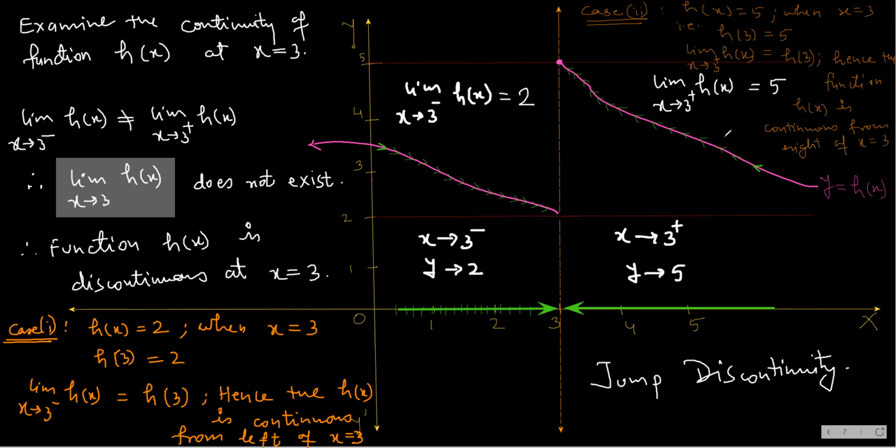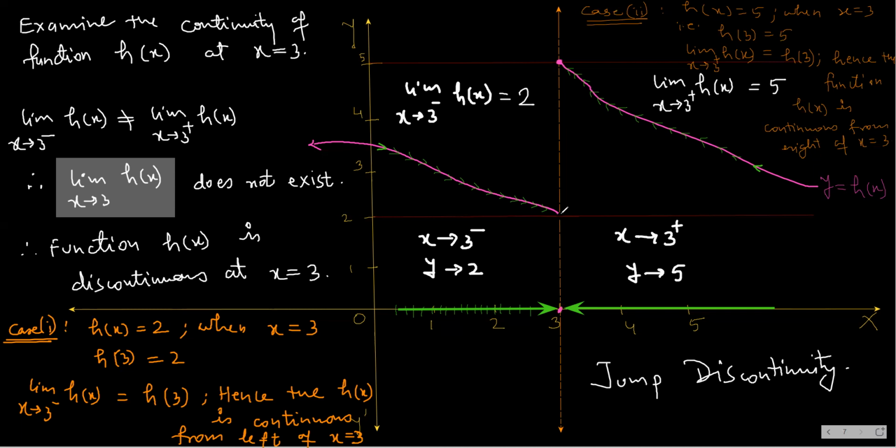Remember students, both the cases cannot happen in one example. In any example, it would either be case 2 or case 1. You cannot have a function where it is continuous from left as well as from right. Why? Because if the function value at 3 is 2, then it cannot be 5. The function will have only one value at x equals to 3.